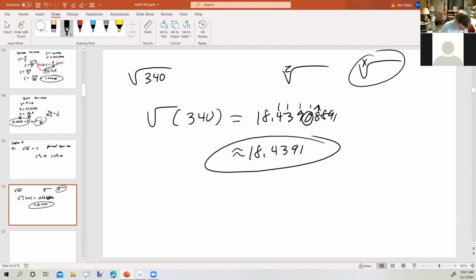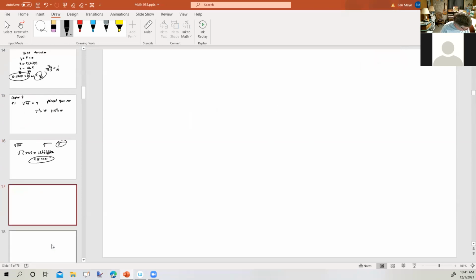All right, then we dealt with variable roots, and we have directions that say assume that all variables are unrestricted, so they could be positive, negative, or 0. So in that case, the square root of 4x squared is 2x, but because when you take an even root, you can't get a negative answer, and because x could be positive or negative, we have to put absolute value bars around it.